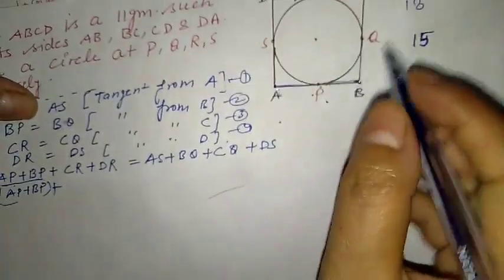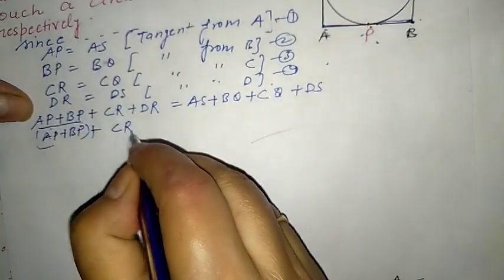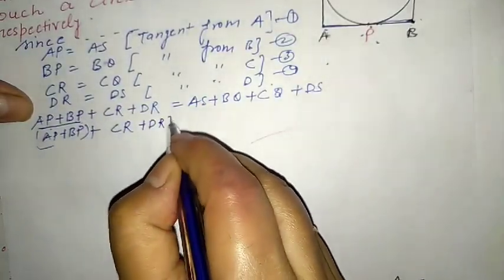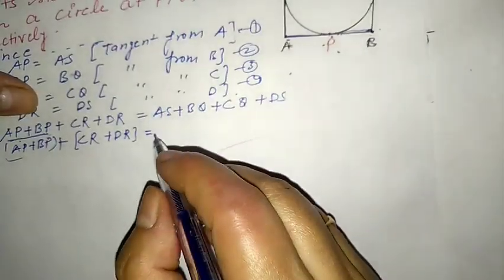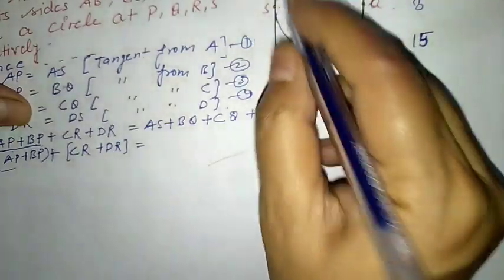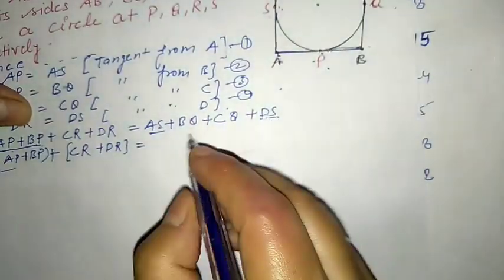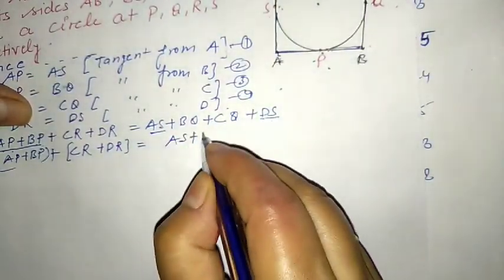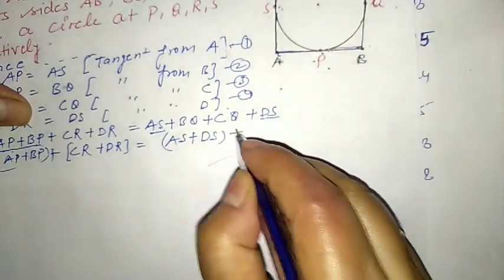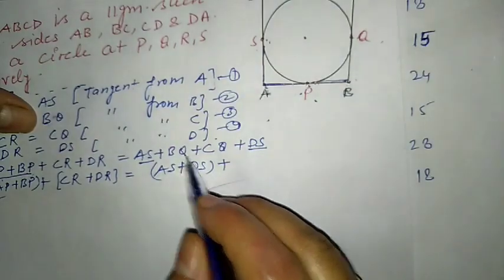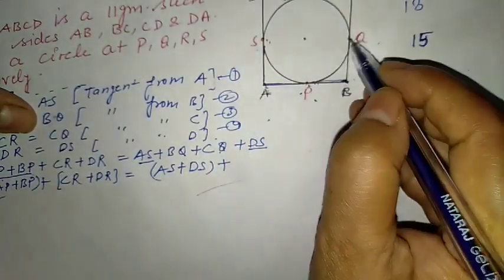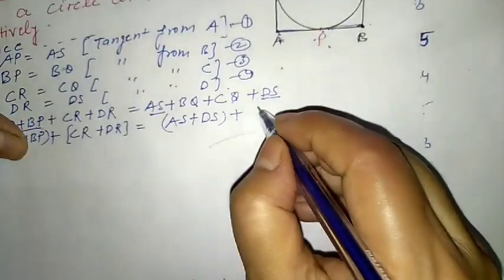Plus CR plus DR is equals, यहाँ हमारे पास है AS plus DS, plus हमारे पास है next is there, BQ plus CQ.